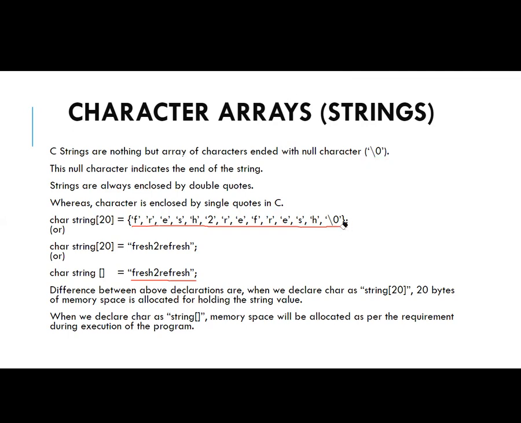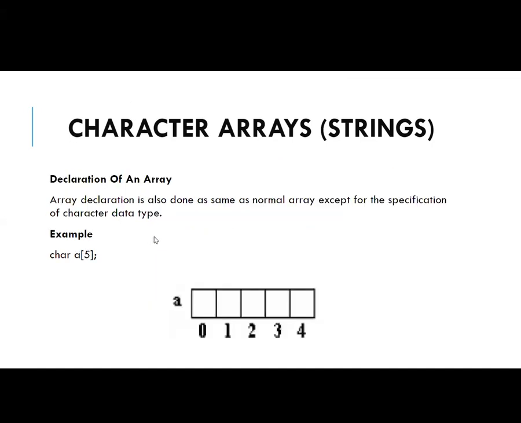If you are writing a character array as individual characters, then you have to write the null character, because a string always ends with a null character. But if you are writing in double quotes, you need not write the null character. It is automatically done by the compiler. Now, if you have a character array, you can declare it in the same way as your normal integer array.